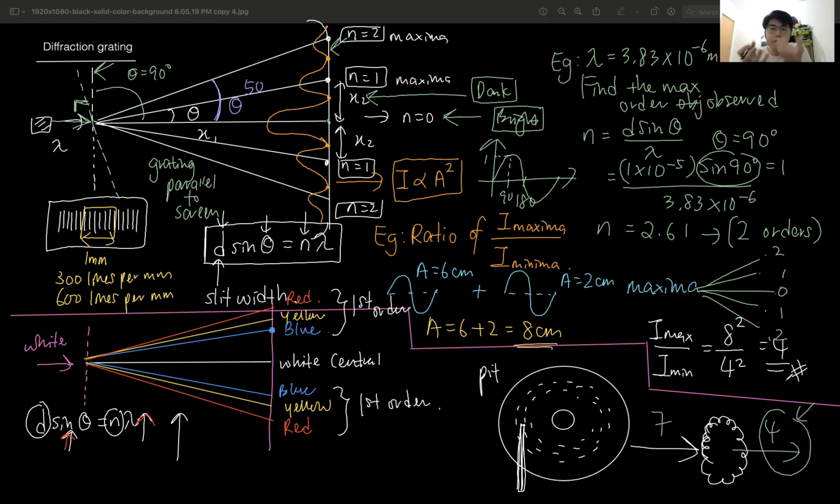Based on the 3 missing colors, they can know what this gas is made of. What is the composition of this gas? Because they actually know, based on a certain gas, what color it will absorb. For example, hydrogen gas, what color it will absorb, they already know. Oxygen gas, what color it will absorb. So based on the missing colors, they can tell, okay, is this hydrogen, is this oxygen, is this what?